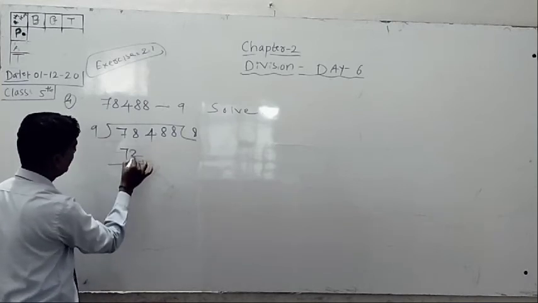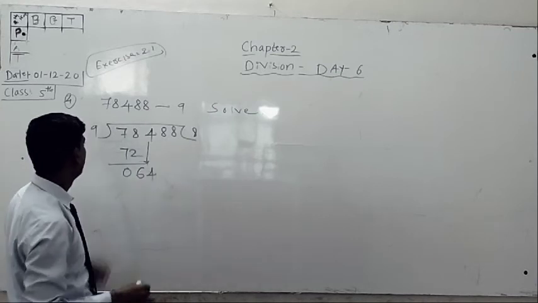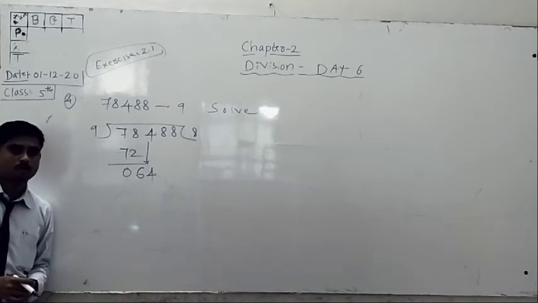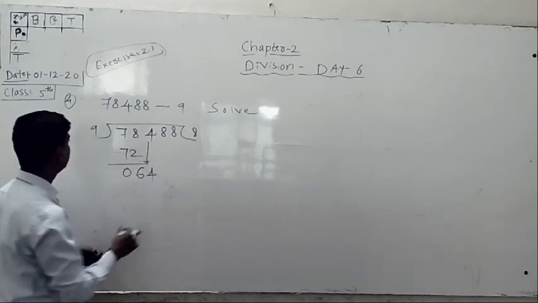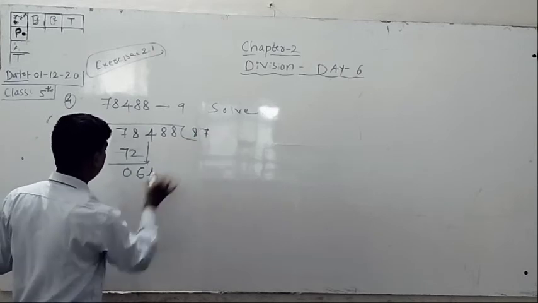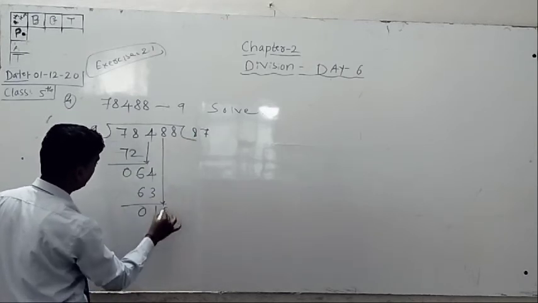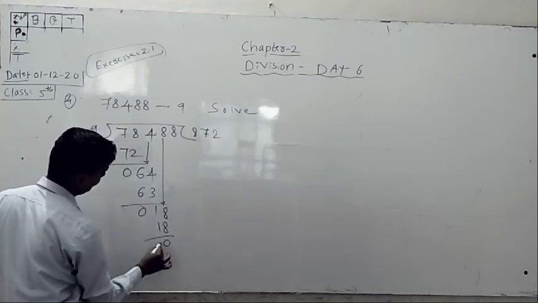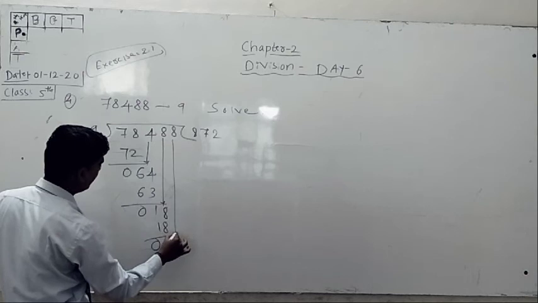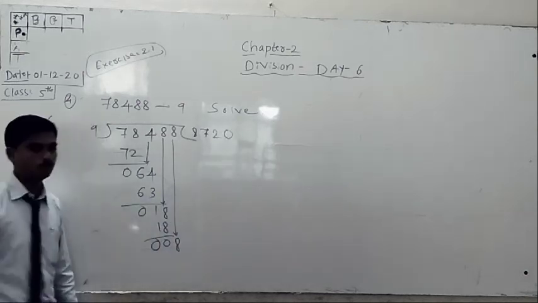Then 78 minus 72 is 6, 0. Then we take 64. 9 sevens are 63. 1, 0. Then we take 18. 9 twos are 18. 0 0. You take 8, then you have 0.